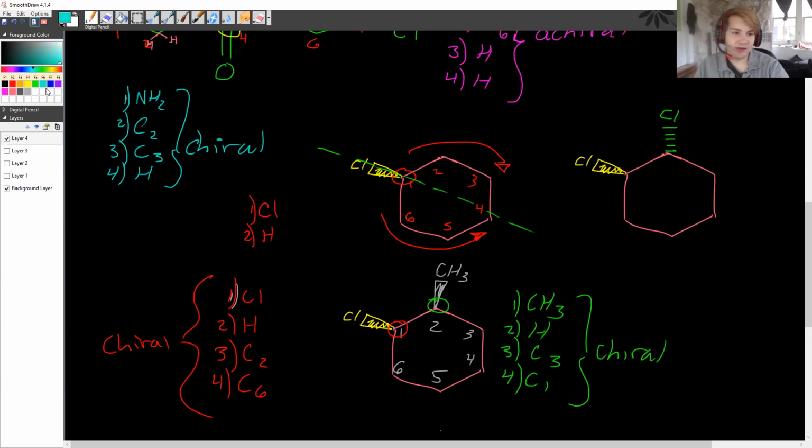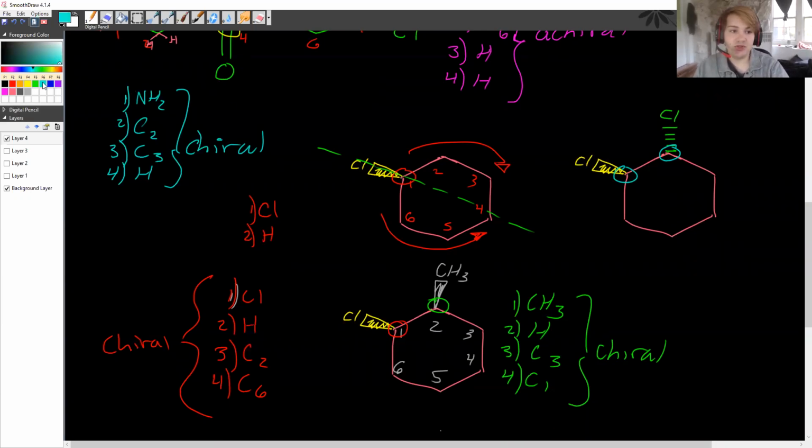Finally, let's take a look at this molecule. We see that we have 2 potential chiral centers. Let's check for symmetry. If I try to say there's a plane of symmetry, I expect wedge to map onto wedge. But that's not true because I have wedge map onto dash. There's no plane of symmetry here.